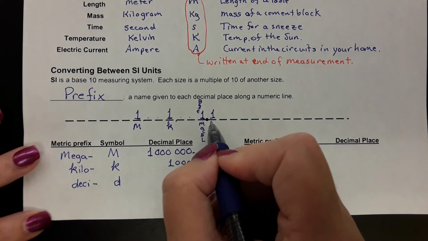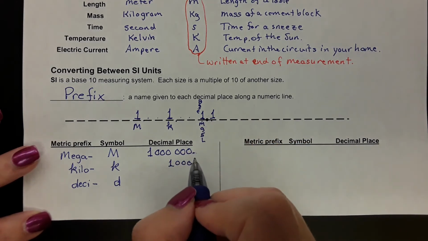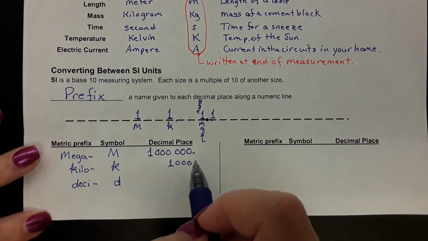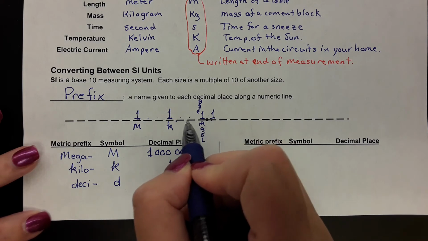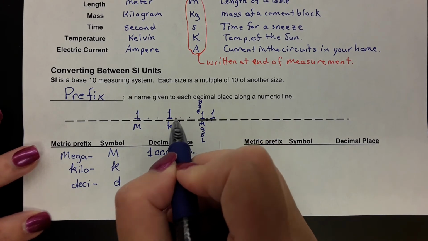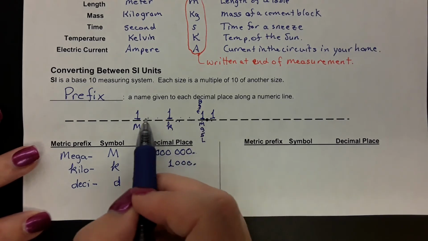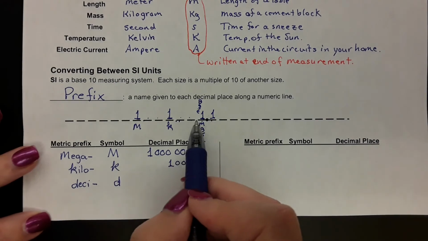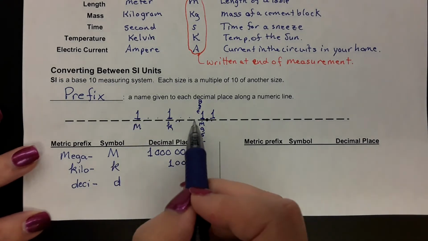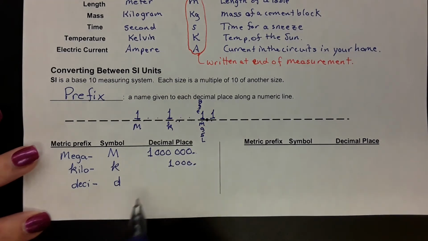It takes 10 of these to make up those. From one decimal place to the next is only a multiple of 10. So 10 of these makes up these, 10 of these makes up these, 10 of these makes up these, 10 of these makes up these, see? So you can see a million of these makes up one of those, because there's 6 tens right there, 10 times 10 times 10 times 10 times 10 times 10.